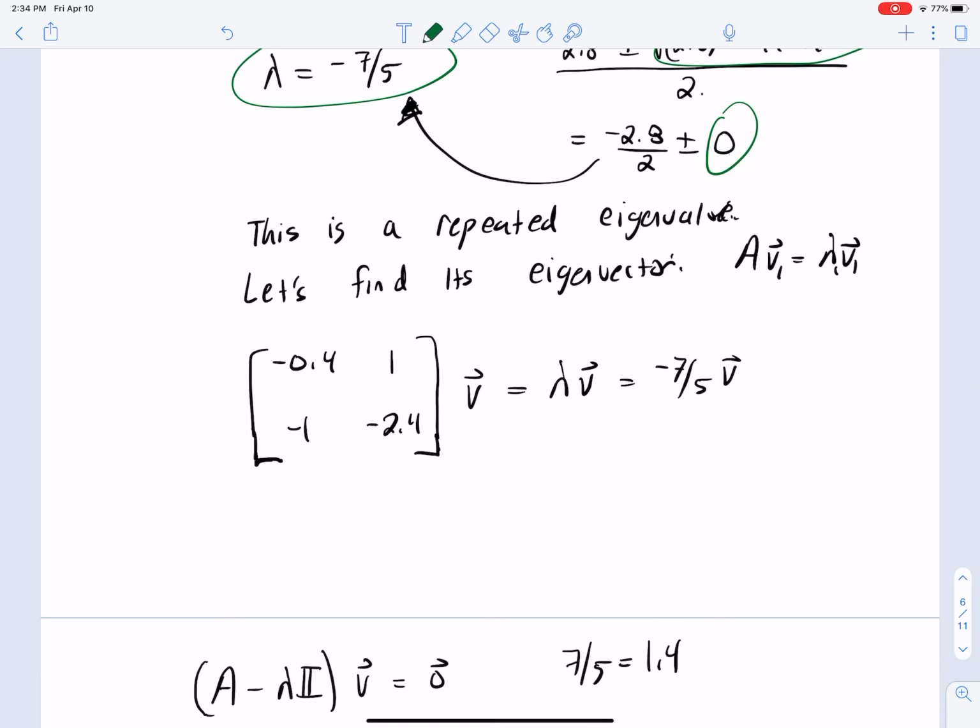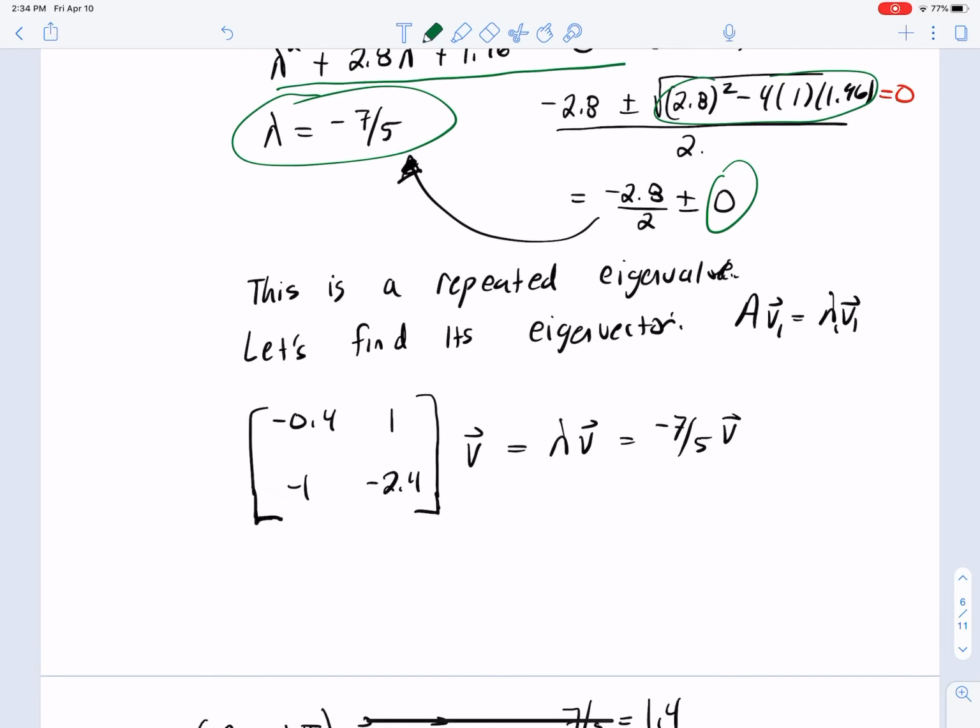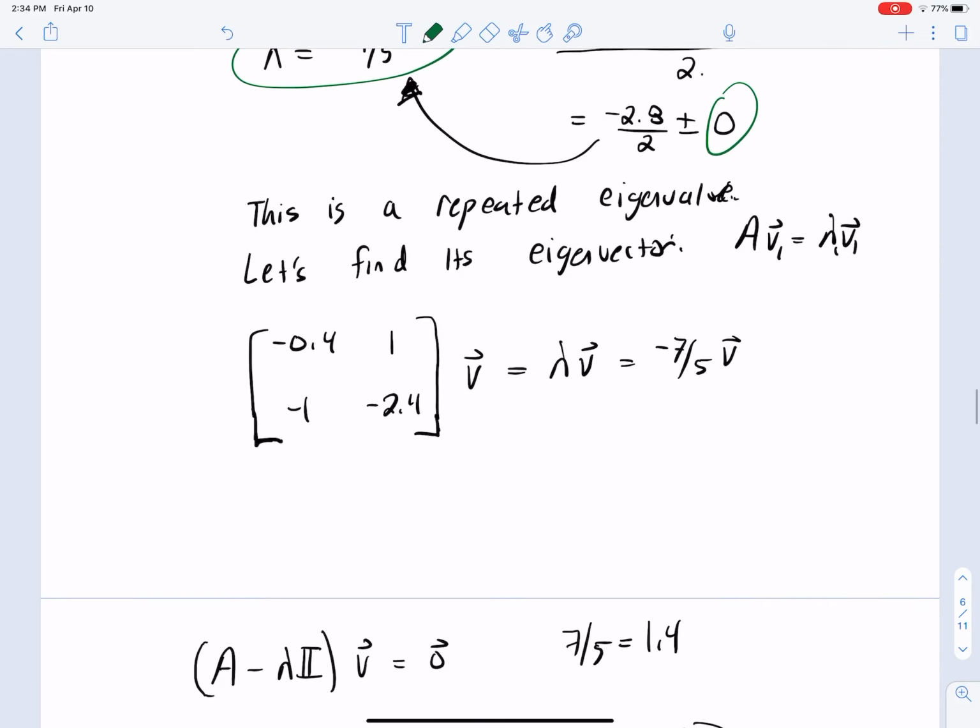Well, we get one solution relatively easily, in the normal way, and that's just our eigenvalue in the exponent times our eigenvector. So to solve for the eigenvector, we use the definition here, A v1 equals lambda v1. I now know what the lambda is, so I filled that in.